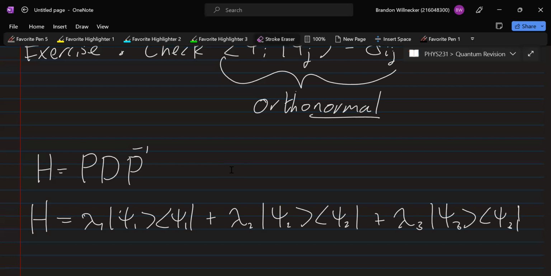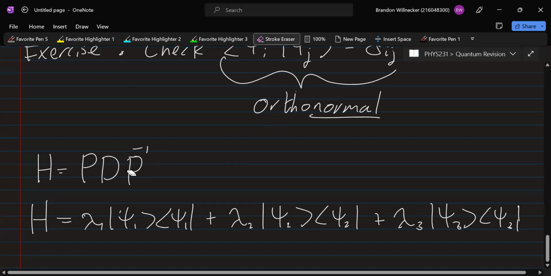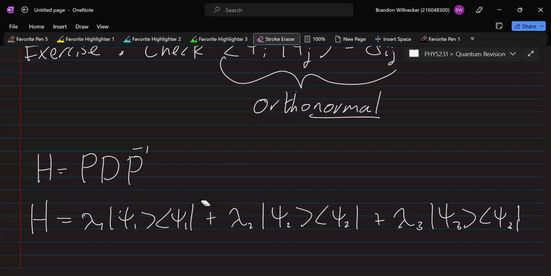Okay. So either way, writing it in the first diagonal form or writing it in the second form with the projectors, both ways will help us in determining the time evolution operator.